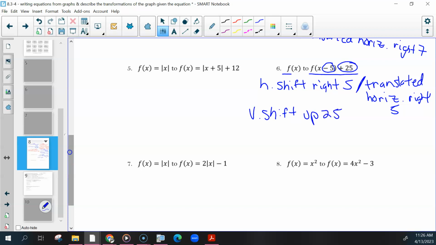Even though the number is ridiculous, it's up 25, because we wouldn't do that on a graph normally, it still does the same thing. So then, translated vertically up 25.